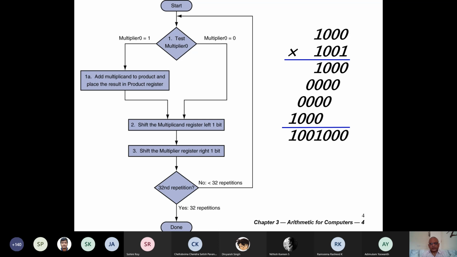Just take the multiplicand, initially product is all zeros, observe the least significant bit, and then based on whether it is 1 or 0, either add or don't add to the product register, and then left shift the multiplicand, right shift the multiplier, and keep on repeating until all the bits of the multiplier gets adjusted.